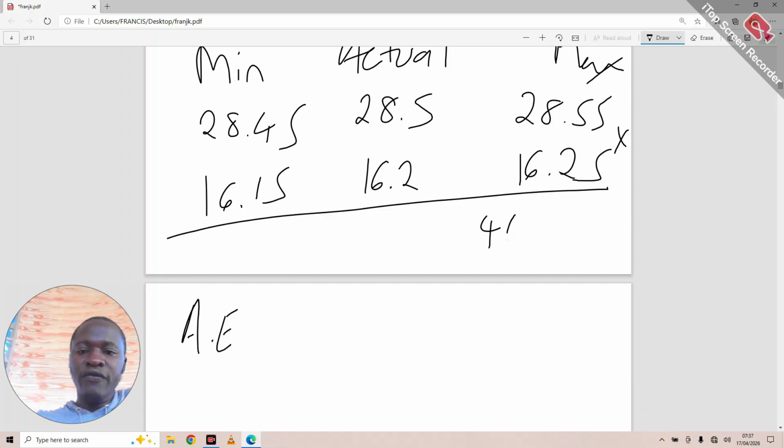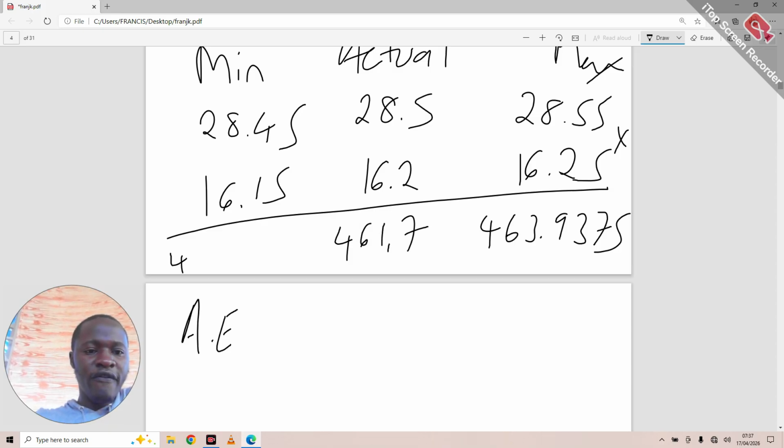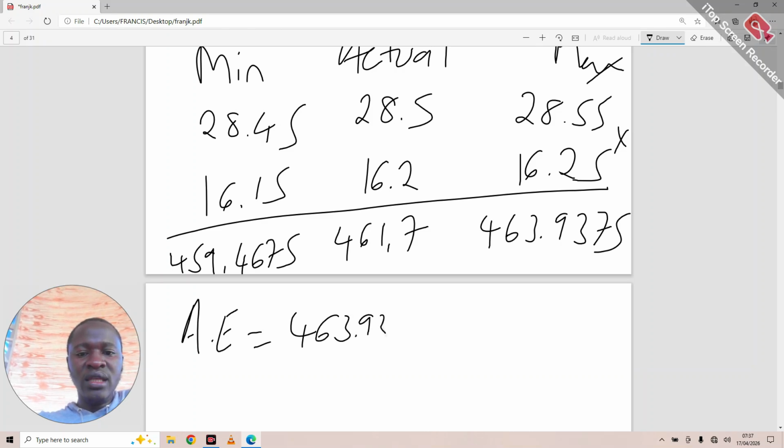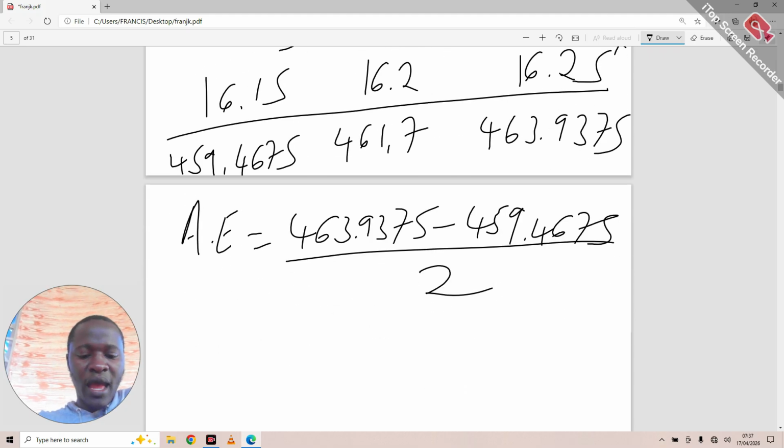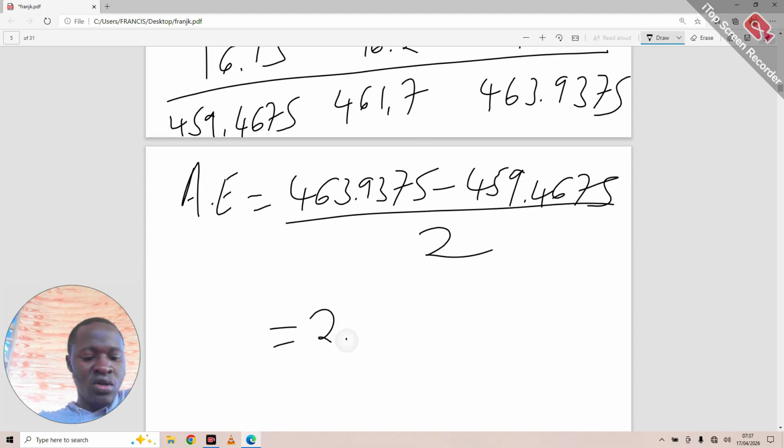Upon multiplying, we get 463.9375, 461.7, and 459.4675. Absolute error will be given by 463.9375, that is the maximum, minus the minimum, 459.4675, divided by 2, having our answer as 2.235.